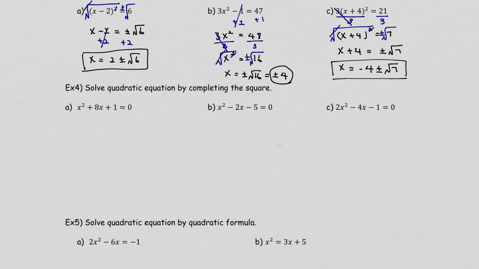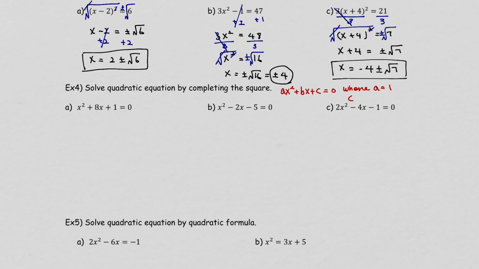formula that you need to satisfy, where when you have a standard form like ax squared plus bx plus c equals 0, your a has to be 1. So the leading coefficient has to be 1 in order to use this method.